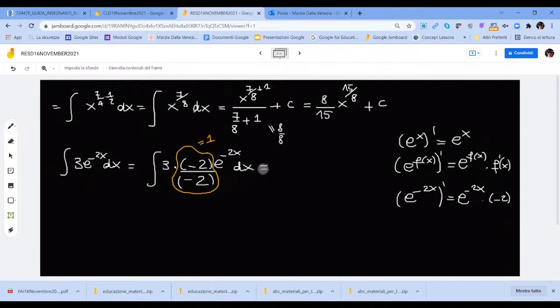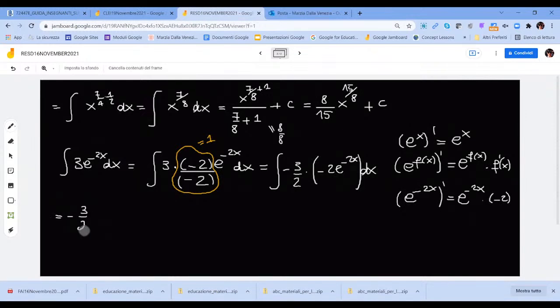Okay. So that means that we take this fraction, 3 divided by minus 2, and then we multiply by minus 2 e to the minus 2x in dx, and that will be our computation.